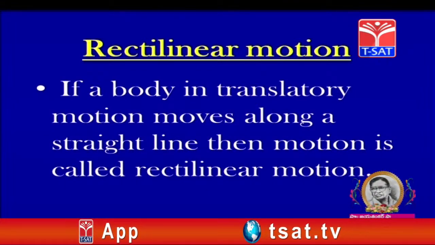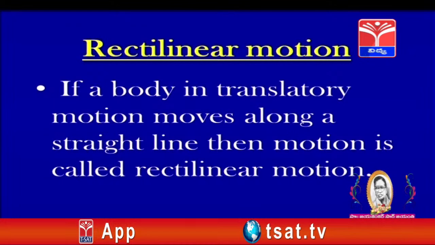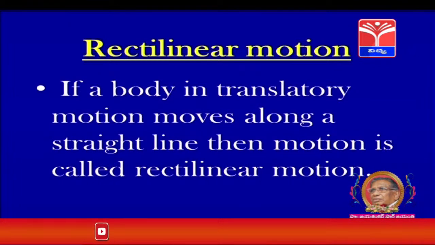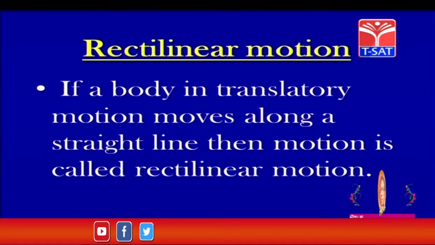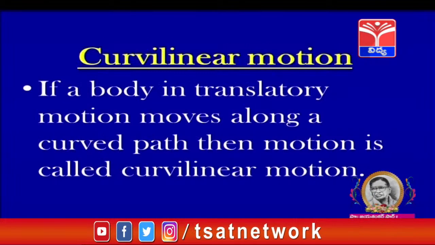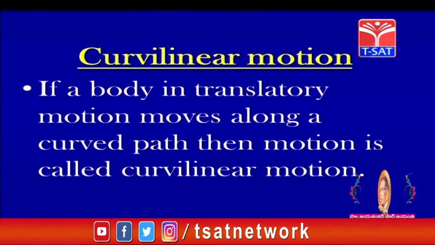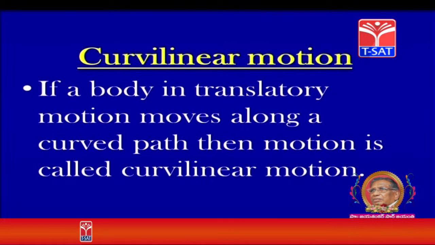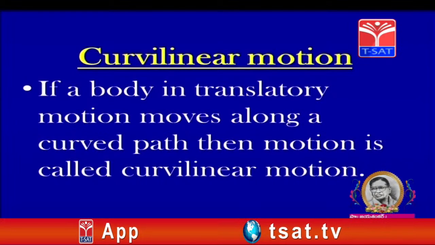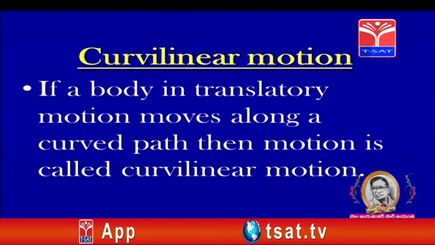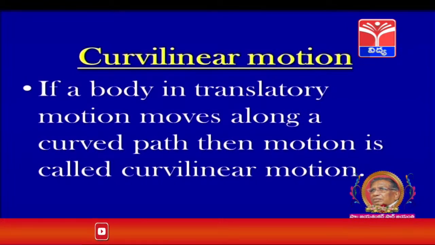That is, when you are travelling straight on a path, it is an example of rectilinear motion. Then what about curvilinear motion? If a body in translatory motion moves along a curved path, then the motion is called curvilinear motion.